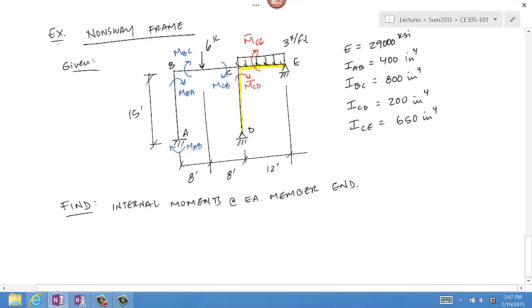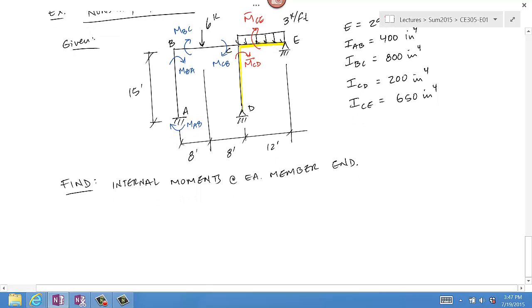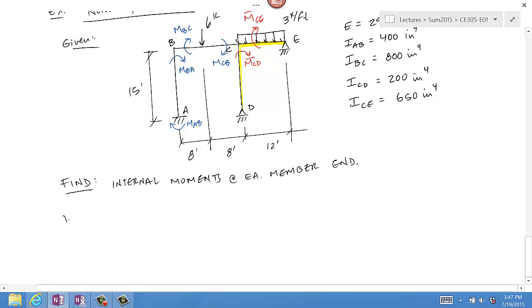So you can see that we're going to have, what is it, 2, 4, 5, 6 moment equations, 4 of which are represented using the general case equation, the 2EI over L, and 2 of which are represented using the special case formulation, that is the 3EI over L. Now let's pay attention to our degrees of freedom. So step number 1 is DOFs.